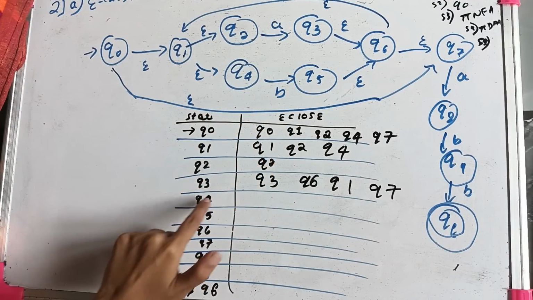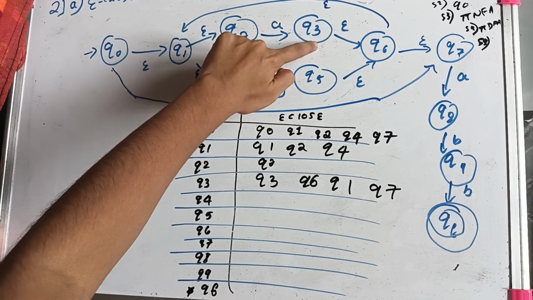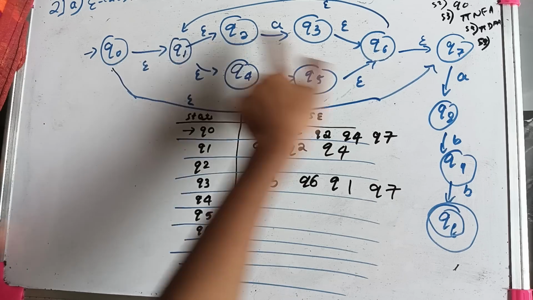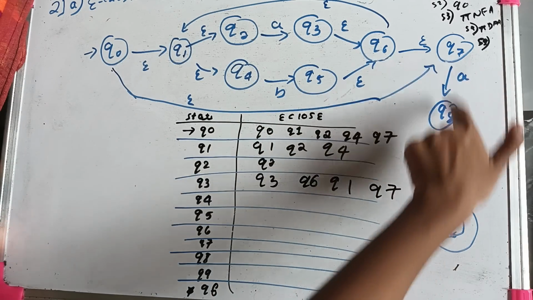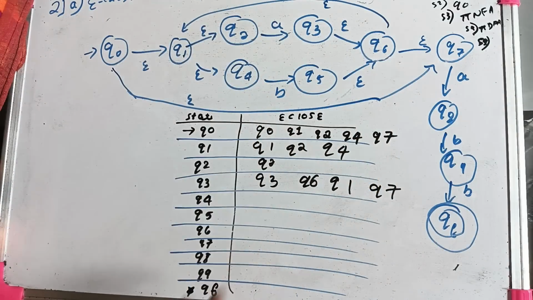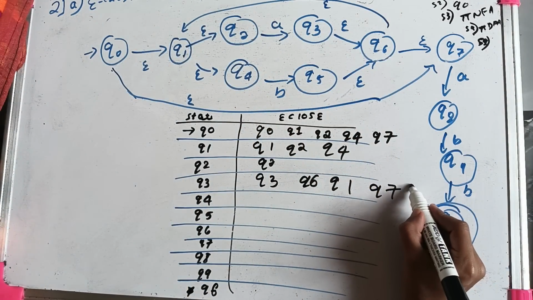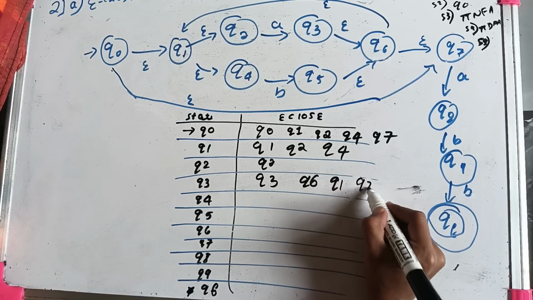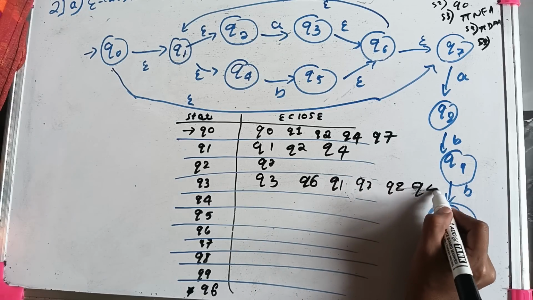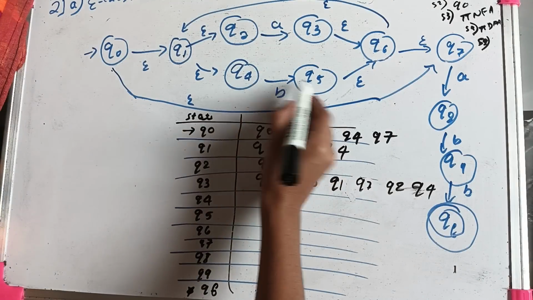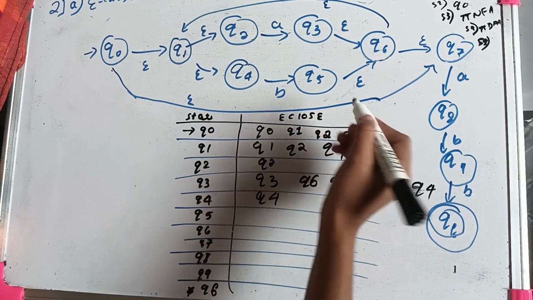So from q3 itself, after that it goes to q6, then to q1 and also q7. Here q1 again goes to q2 and q4, right? We need to write q1, q7, q2, q4. Next q4: there is q4 itself and no epsilon.